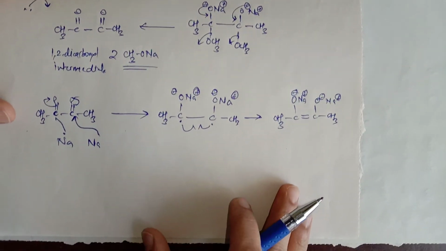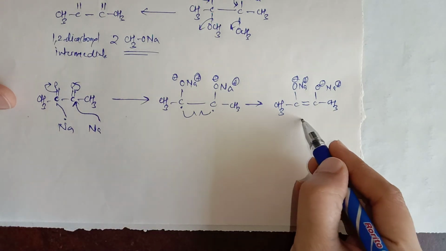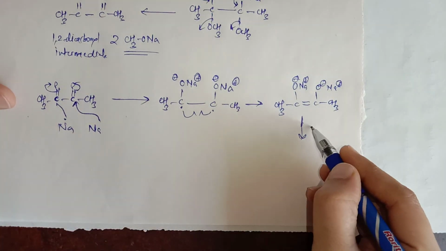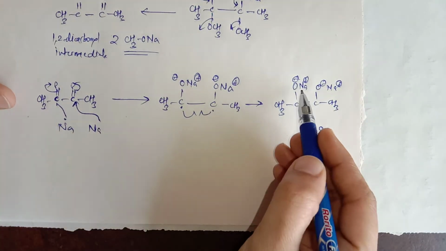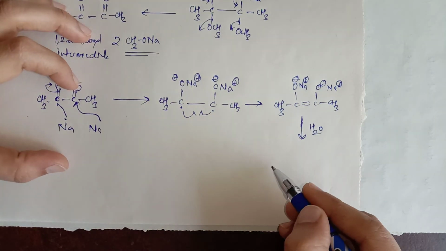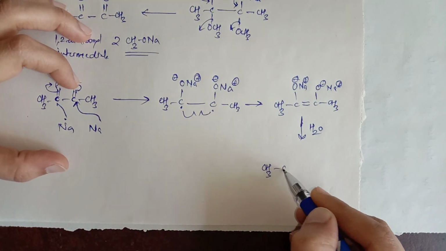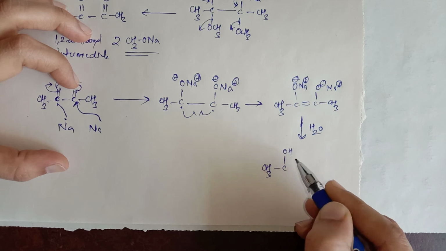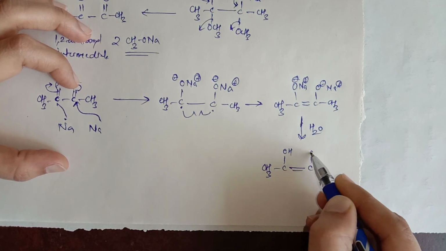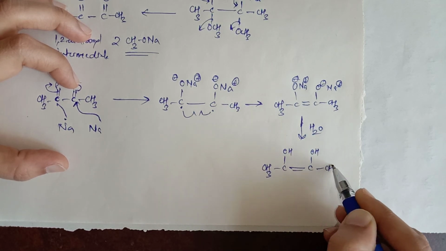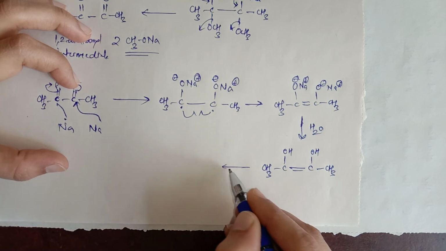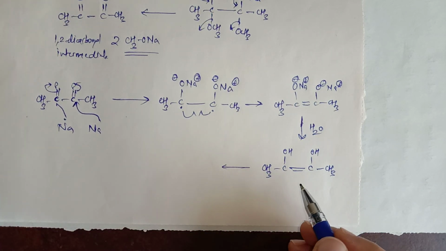Now the next step: after hydrolysis with H2O, what will happen? The sodium salt will be replaced by hydrogen. So simply you will get the hydroxide, CH3. Now simply tautomerization will take place.